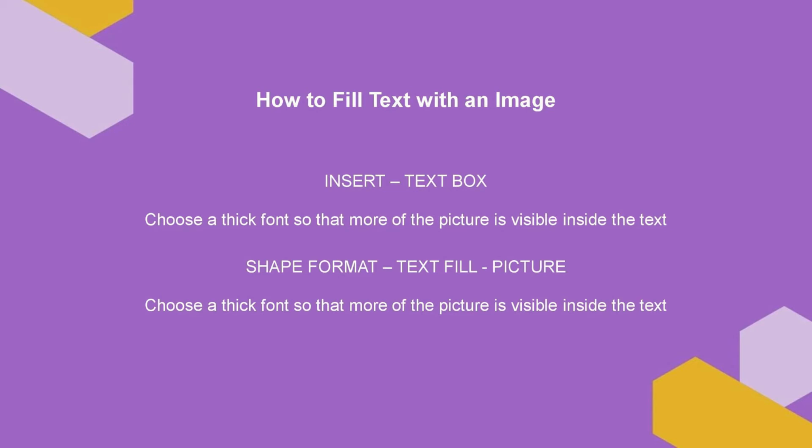Having done that, you'd select the text box, and Shape Format will appear on a context sensitive toolbar in the ribbon. Selecting that toolbar will show you a Text Fill option, and along with gradients, textures, and basic color changes, there's also a picture option.